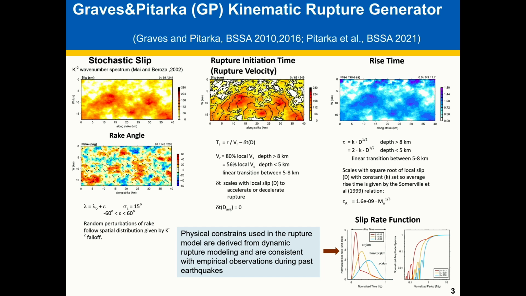One of them was by combining dynamic rupture modeling of large earthquakes, and we found out that the slip rate function not only changes in terms of frequency content, but also its shape. And that was a requirement that was made also by our Japanese colleagues, who noticed that even the rupture model was not able to produce ground motion at very long periods or the permanent displacement.